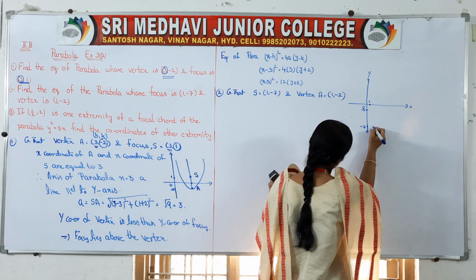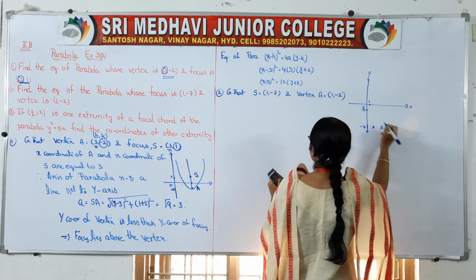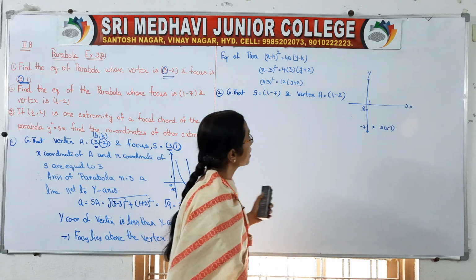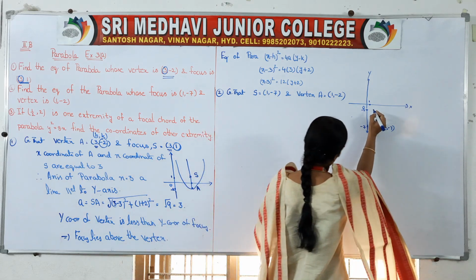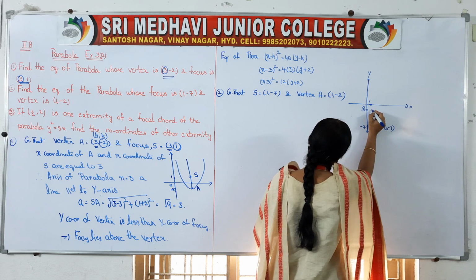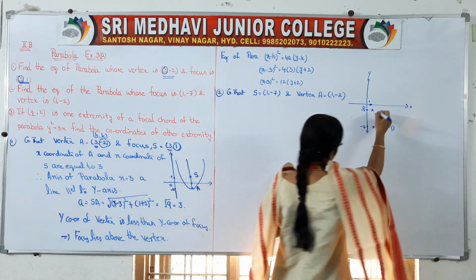So your S is here, right? And vertex A is (1, minus 2). So suppose here we have taken the point, so that is your point. Okay, so this is your vertex A.